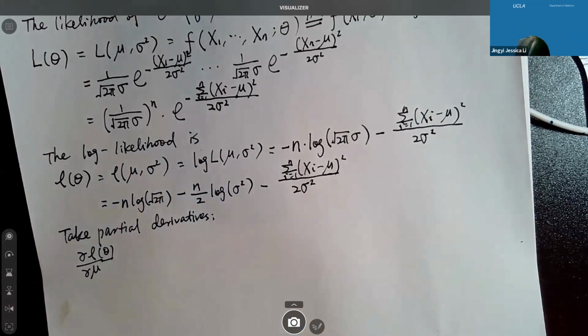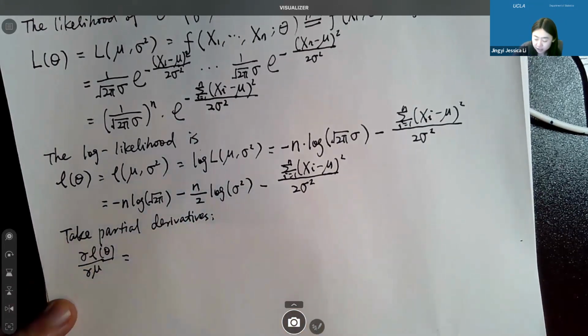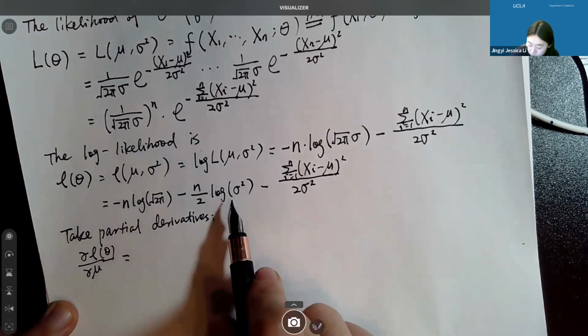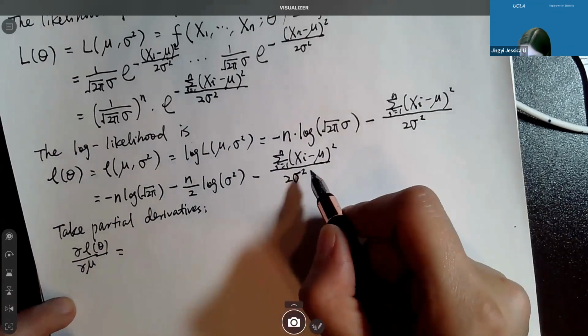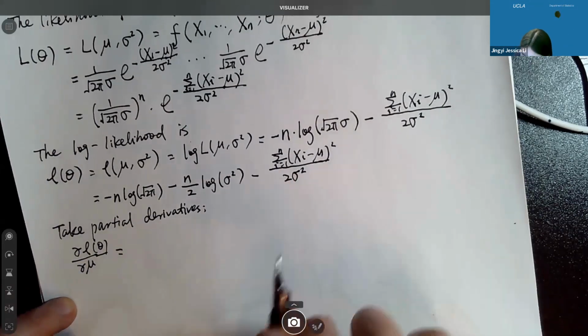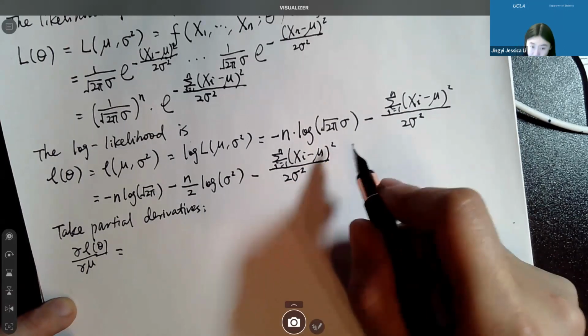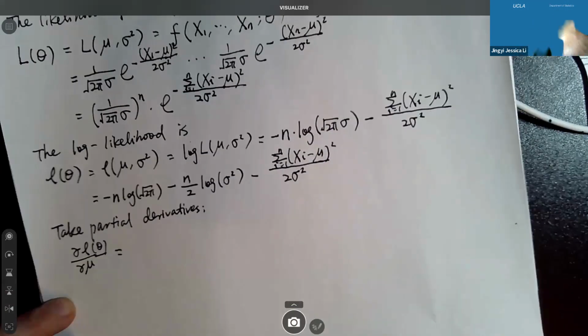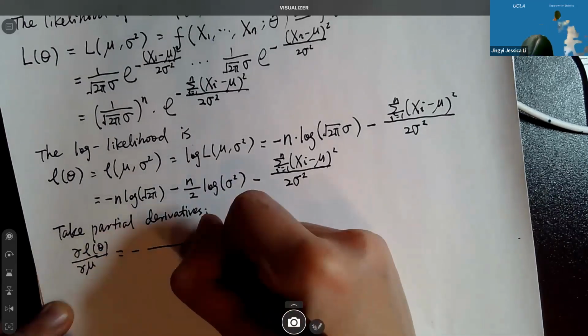So firstly, let's do it against mu. Now you can see this term and this term have nothing to do with mu, so they can be gone, only the last term. And for the last term, you see that it's only the numerator that's related to mu, right? So I'm going to keep the denominator and keep the sum.